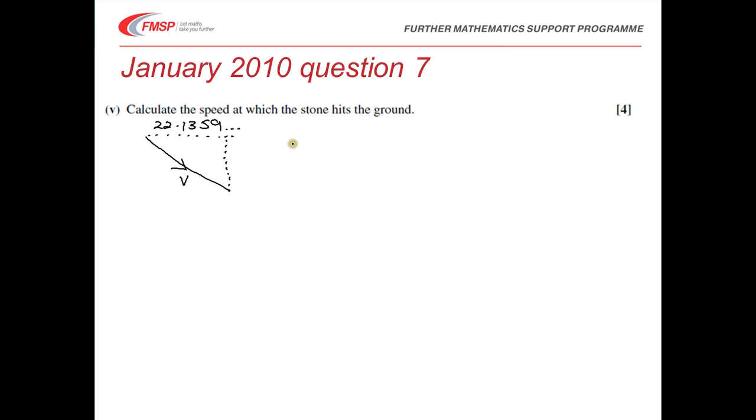Again, thinking about it from that maximum point, at the maximum point of the trajectory, we know that it sets off downwards with an initial speed of 0. The acceleration is again downwards 9.8, and the distance is 1.5625, and we want to know the velocity. So using SUVAT, it looks like we need to use v squared equals u squared plus 2as.